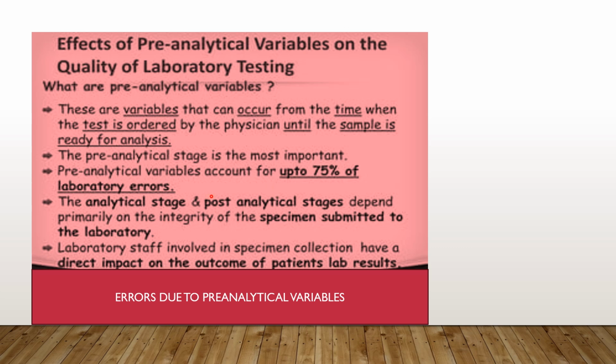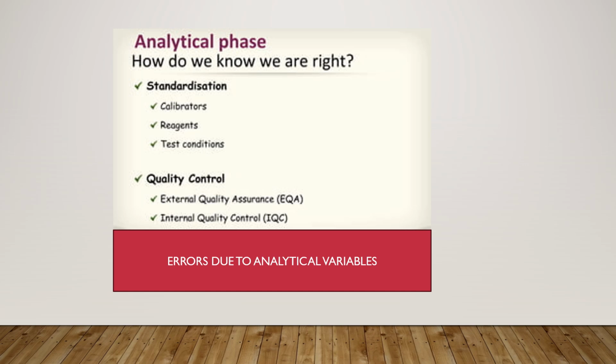Pre-analytical variables account for up to 75% of laboratory errors. The analytical stage and the post-analytical stage depend primarily on the integrity of the specimens submitted to the laboratory, and the laboratory staff involved in the specimen collection have a direct impact on the outcome of the patient's lab result.